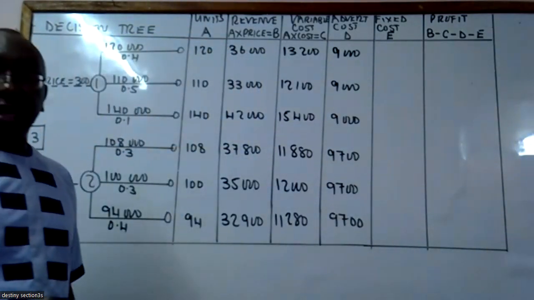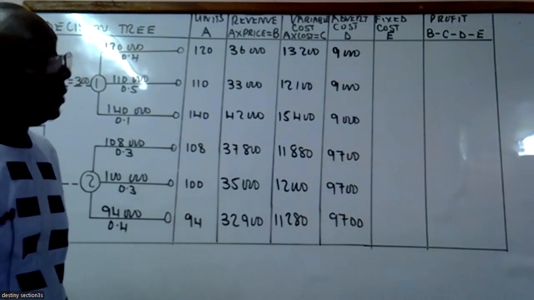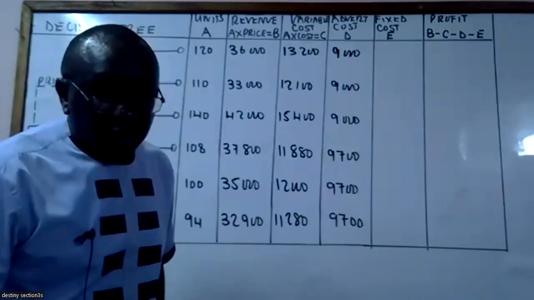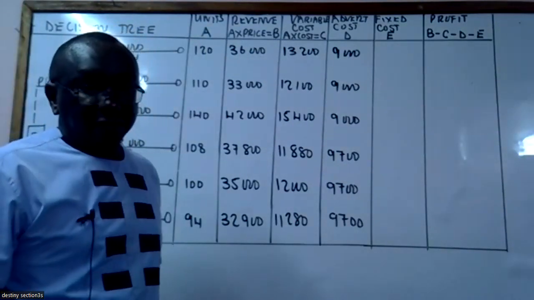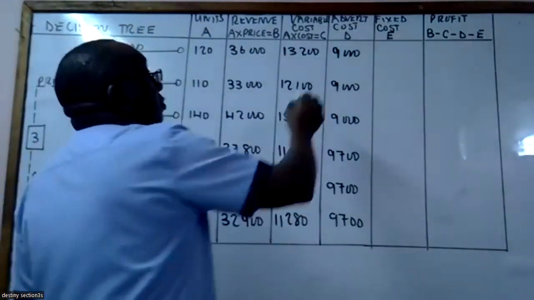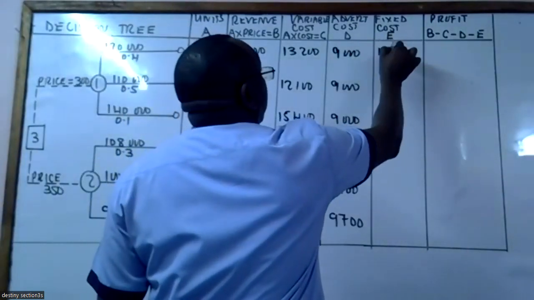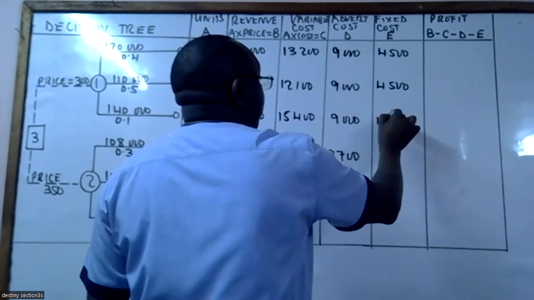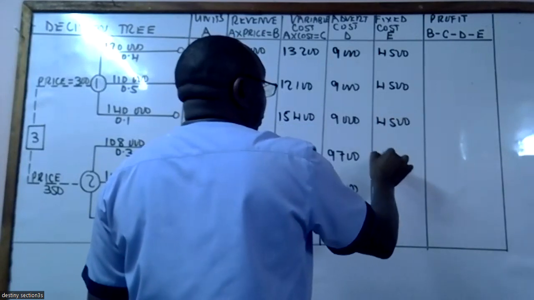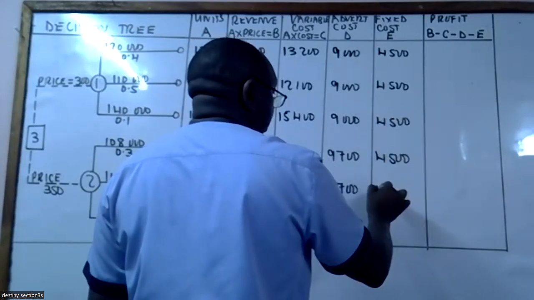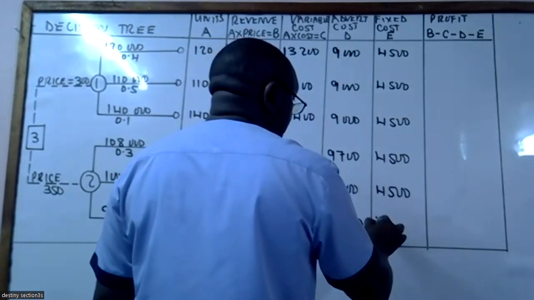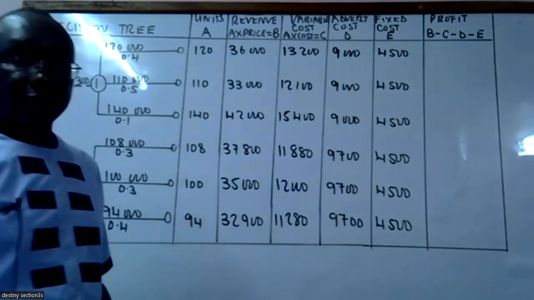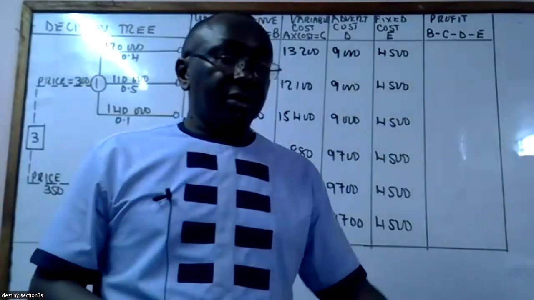That's how the adverts are. Then according to information 3, production cost would be 4.5 million per annum. So that one you put everywhere, 4,500, because our figures are in thousands.